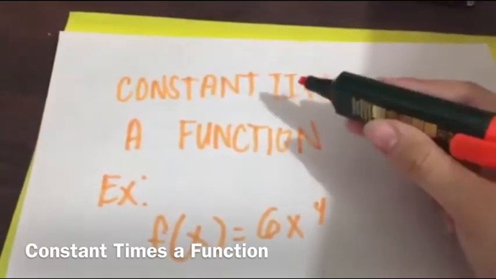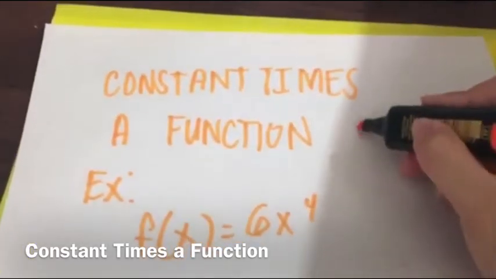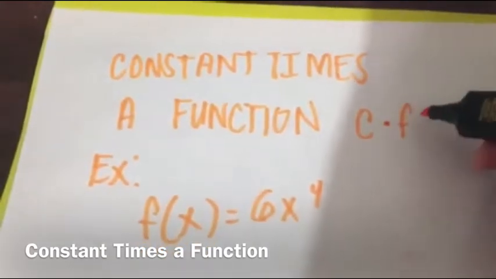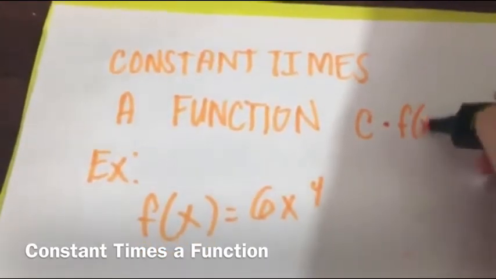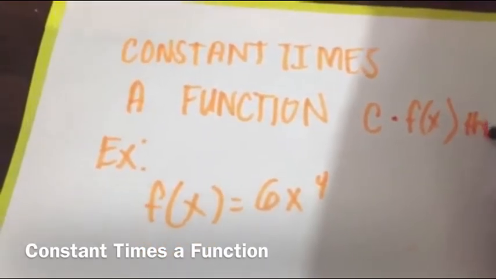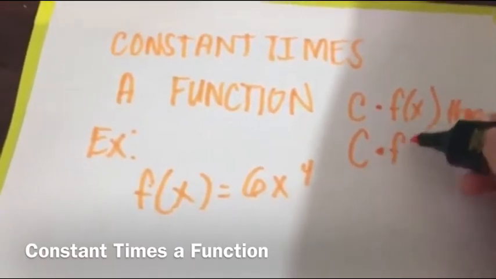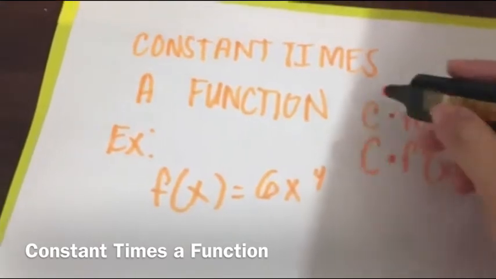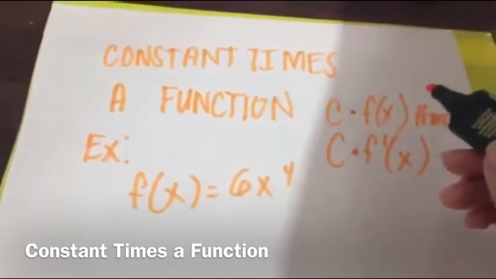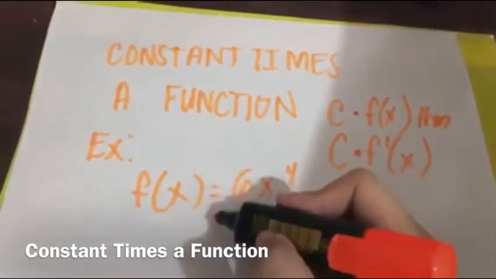The formula for constant times a function is c times f of x, then c times f prime of x. So this is the formula of constant times a function.